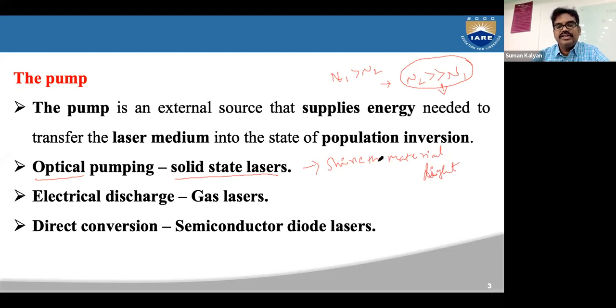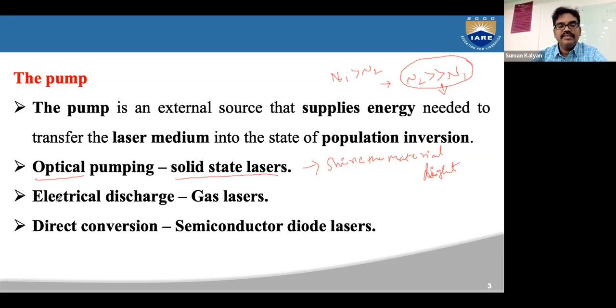The photons are shone on the atoms, and the atoms absorb the photon and leave the lower energy state to reach the higher energy state. That is what we call optical pumping. This pumping technique is used in solid state lasers.